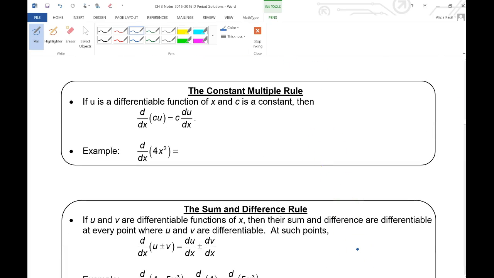Okay, next one. If we have a constant times some function, this is where we'll actually apply it to polynomials. If there's a constant, we can just move it to the front.